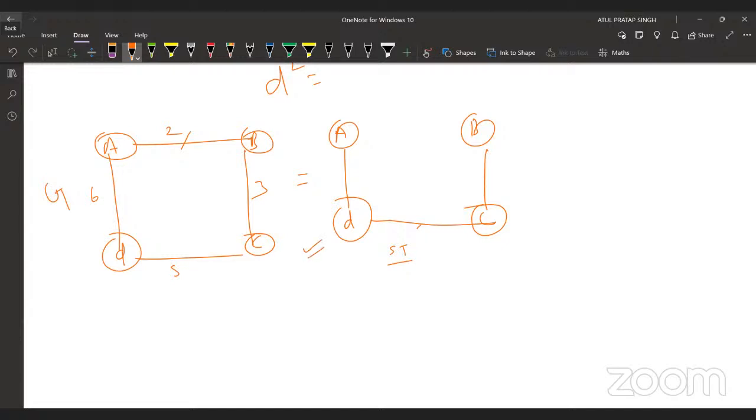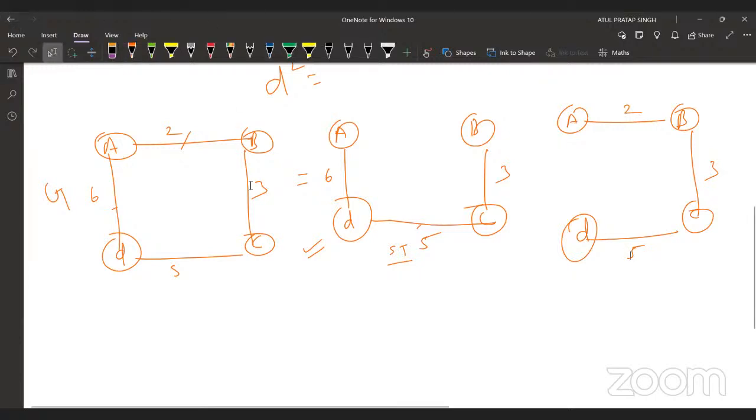So for any graph we can create many spanning trees. For example, if we do not remove this 2 and instead remove this 6, we will get a different spanning tree: A, B, C, and D. In this case, 2, 3, and 5. This is also a spanning tree for this graph.